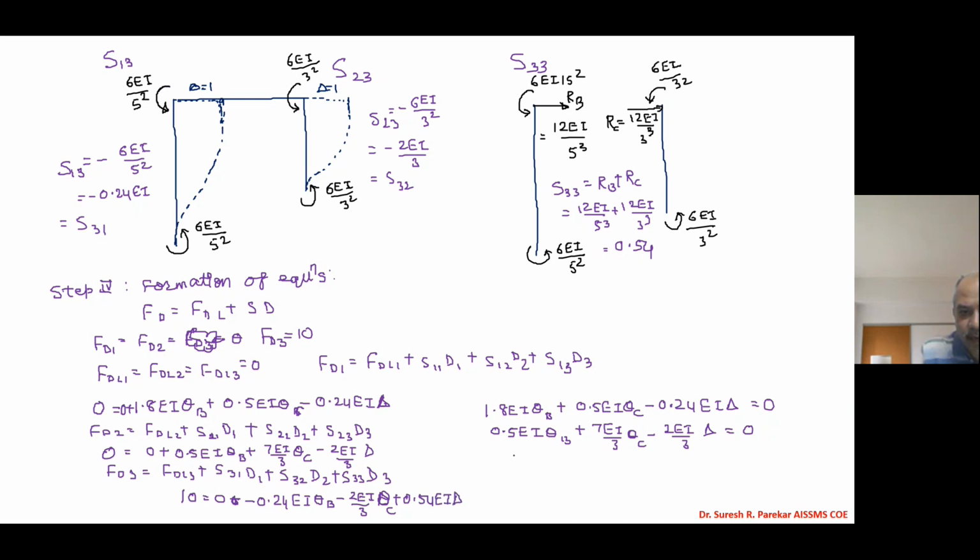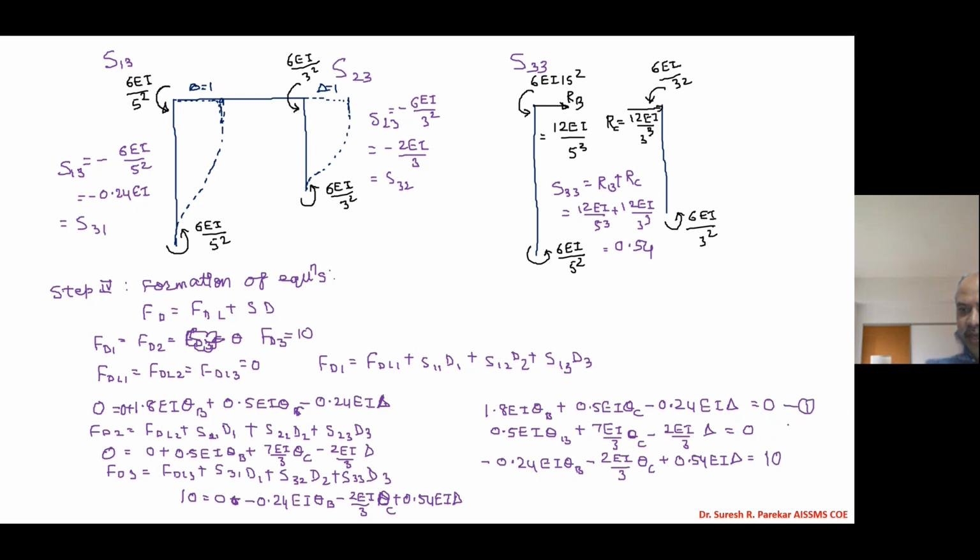So the third equation is minus 0.24 EI theta B minus 2 EI by 3 theta C plus 0.54 EI delta equal to 10.